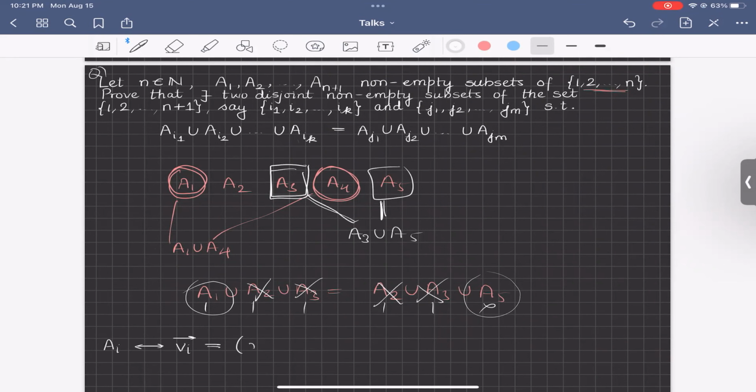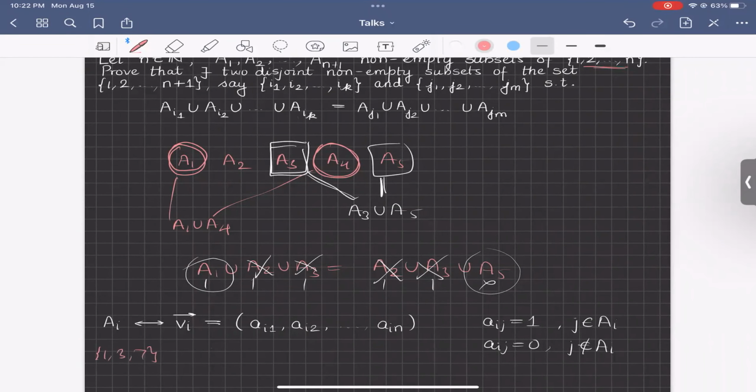We have A_i1 to A_in, where A_ij is 1 if j belongs to the set, and 0 if j does not belong to the set, right?